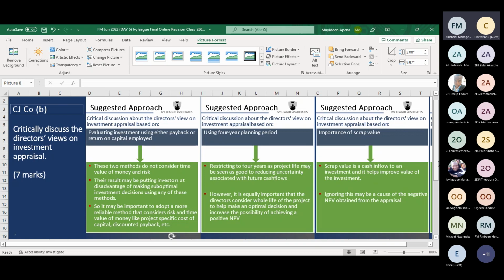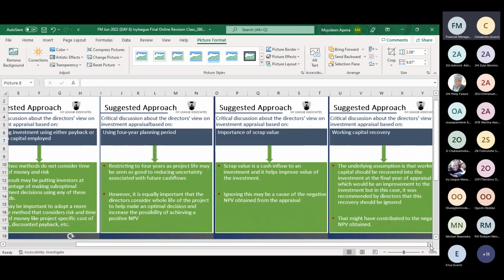Maybe the project has more significant cash flow in periods after year 4, and that can turn the project's NPV to positive. So maybe 4 years is not a good one eventually, because the NPV, as calculated, is negative. We may need to extend the project life a little bit so that the cash flows into the future can also affect the value of the project. More likely, it will turn positive.